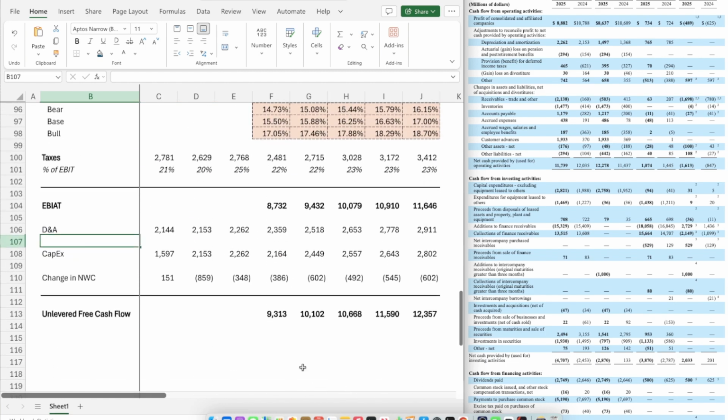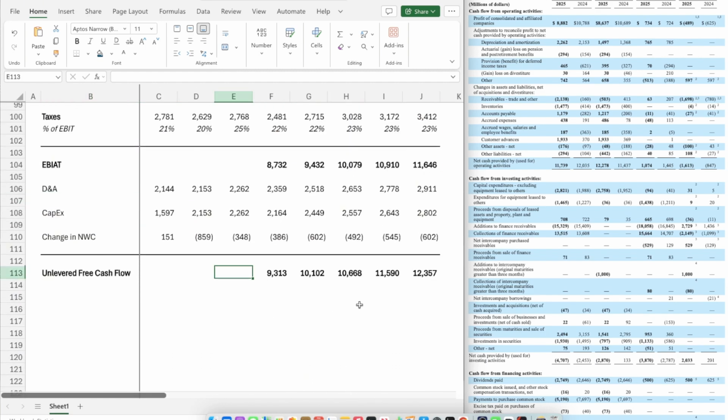Okay, yeah. So the unlevered free cash flow that we're forecasting for the next 5 years is, for 2026, a bit over 9 billion, and it will keep increasing until 2030, where we're expected to be just under 12.5 billion.